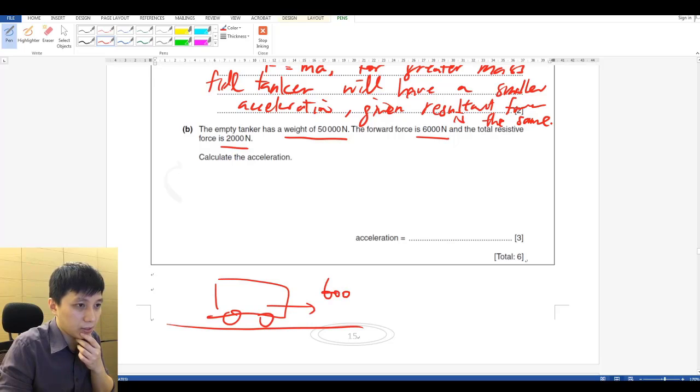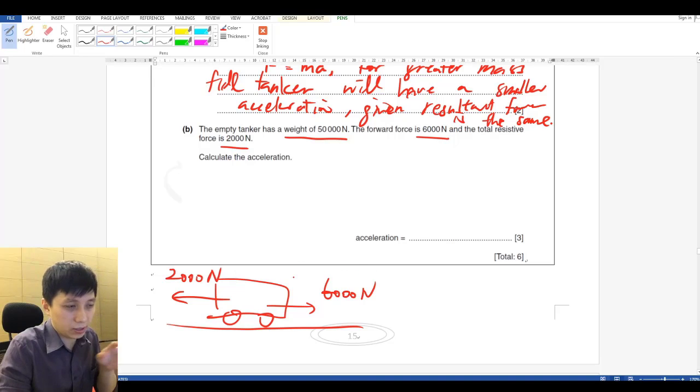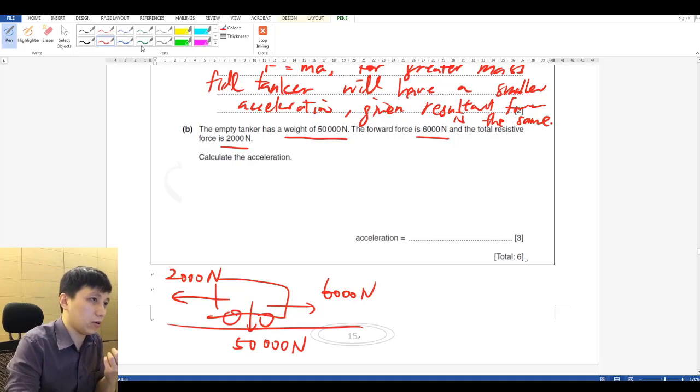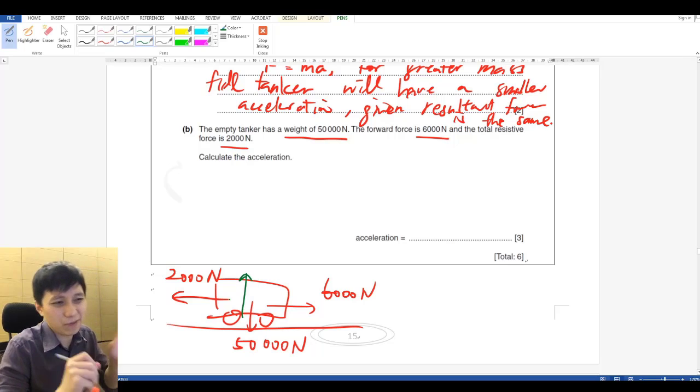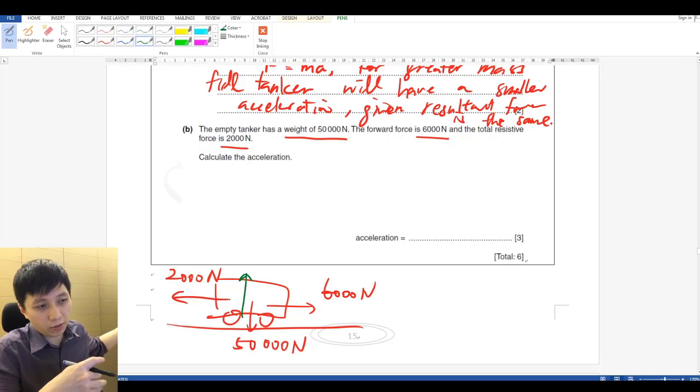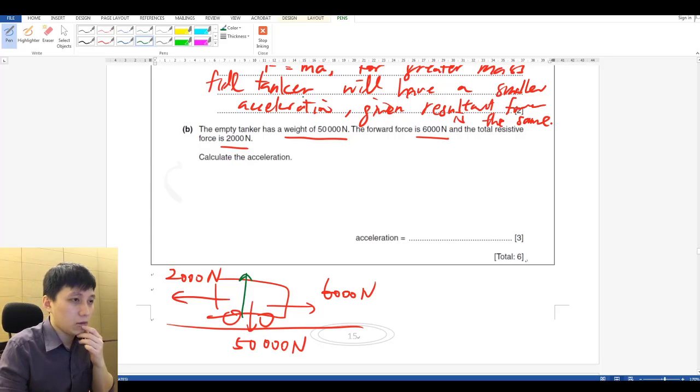Force is 6,000 Newton, backward force is 2,000 Newton, not to scale this time, I'm just lazy. The weight is 50,000 Newton, but of course the car won't sink, so in theory there is a reaction force as well, but it doesn't really matter because we are trying to work out the horizontal movement.